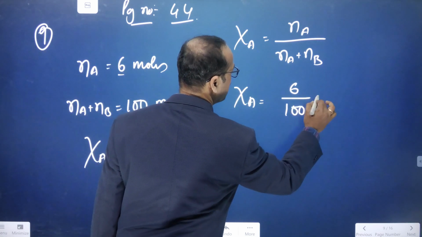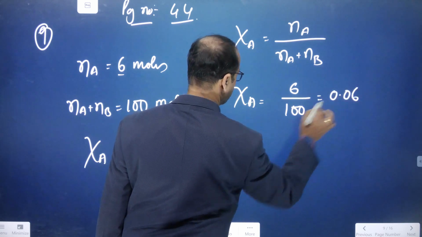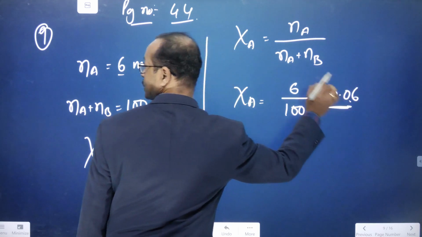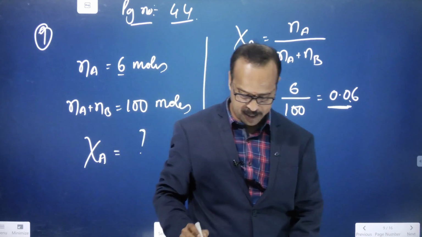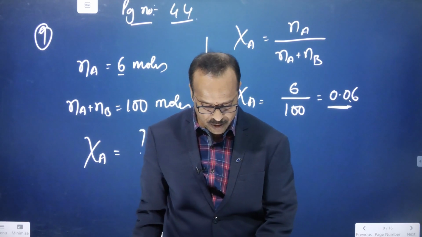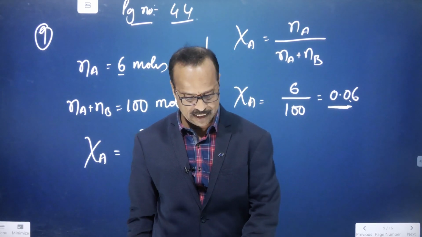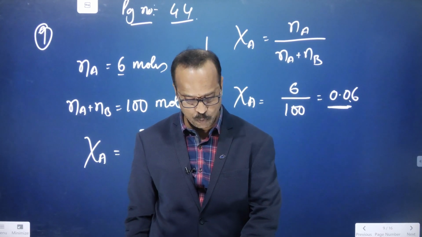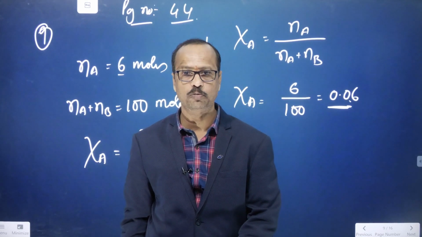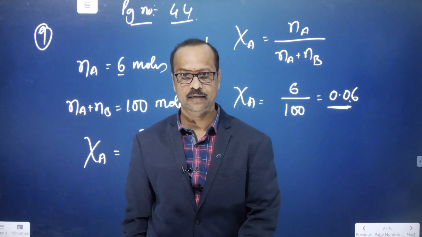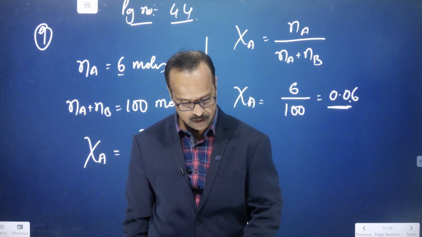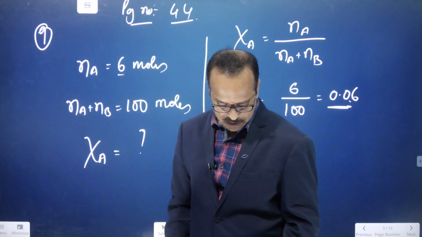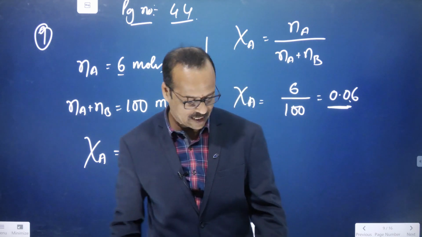So 6 by 100 is equal to 0.06. So our answer is 0.06. Right? Now see the options. You can see the second option, ninth one, 0.06. So the answer is the second option, 0.06. Clear? Right. Now similarly, let's do the 10th sum.